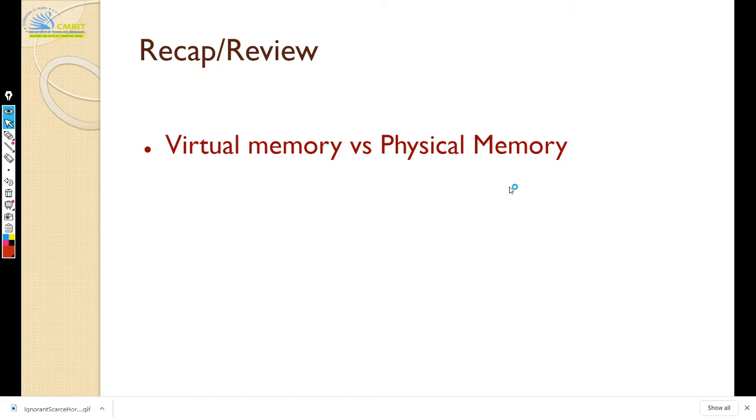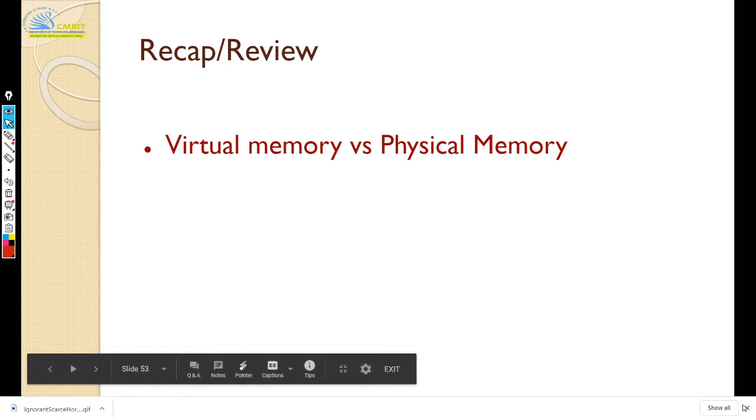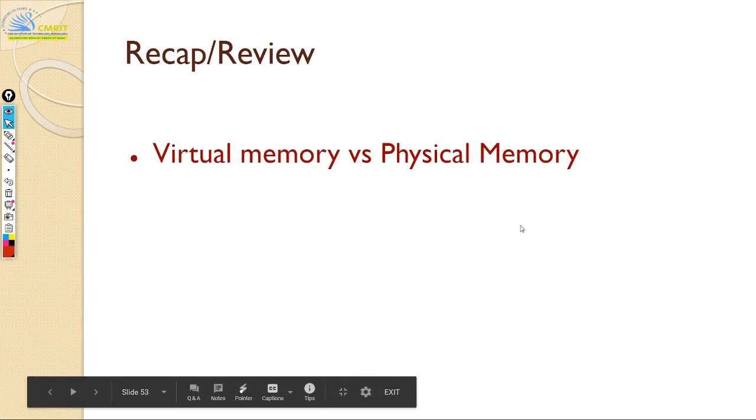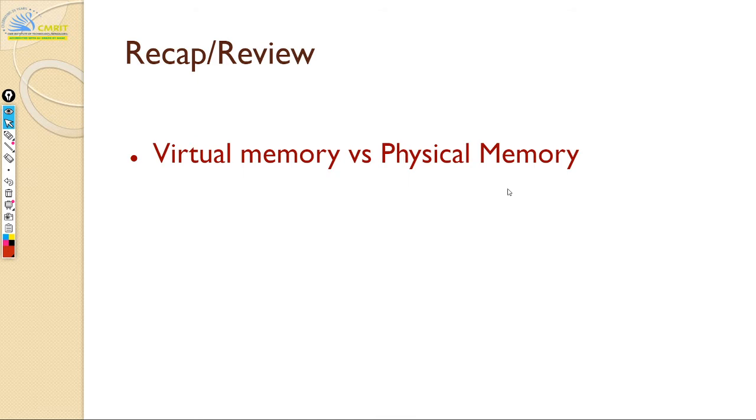What you actually have is the RAM, which is the physical memory, but the reason we call this virtual is because you are making the CPU think that the entire secondary storage you have, like several terabytes or whatever, right? So you're making the CPU think that the physical memory is as big as your secondary storage. So that's the idea.